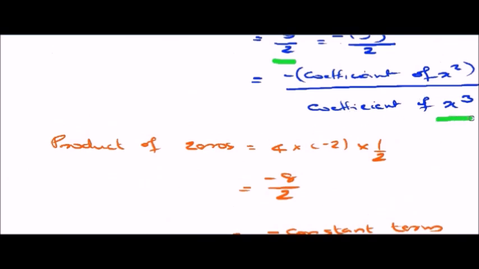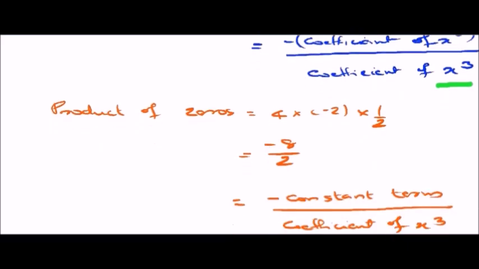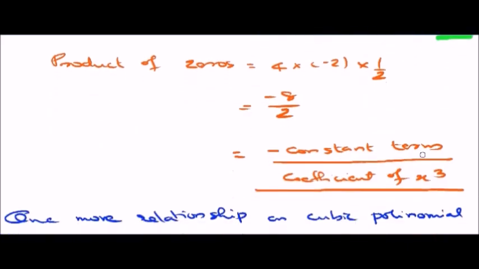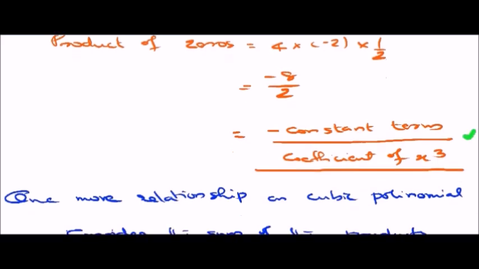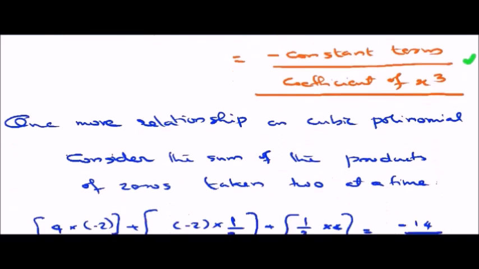Now let us see the product of zeros. Product of zeros is 4 into minus 2 into 1 by 2. That's equal to minus 8 by 2, that's equal to minus constant term divided by coefficient of x cube.